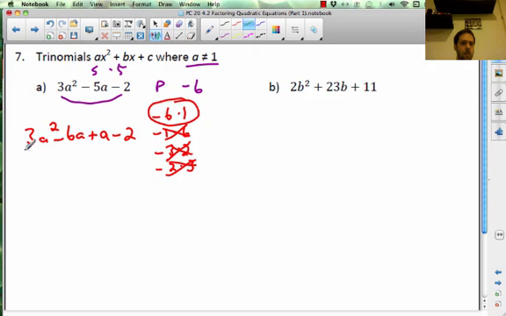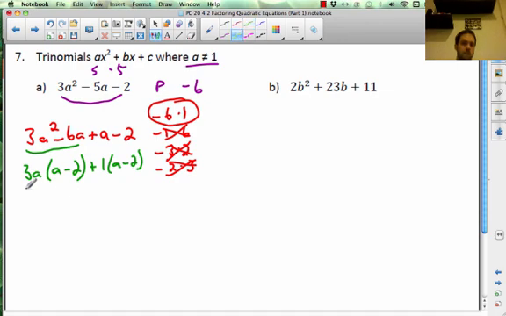So take out your common factor here of 3a, and that will leave you with a, and then negative 6 divided by 3 is minus 2, and a divided by a is 1. And then if we took out anything from here, the only thing we could take out would be a 1 that would leave it unchanged. Alright?